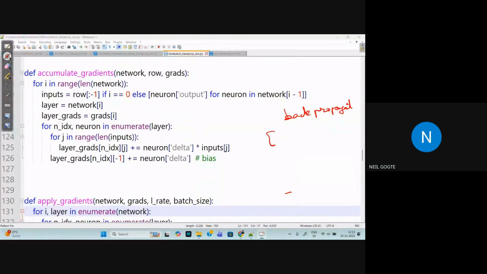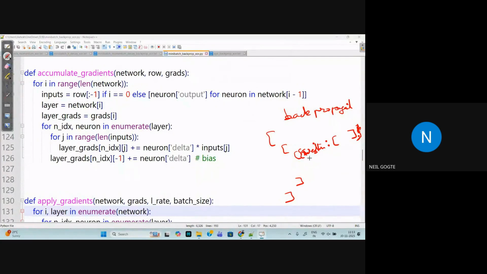For all the layers in the network, and for each neuron in that layer, remember each neuron has a weights key in its dictionary. Each neuron has a dictionary, and against the weights there is this whole series of weights. This is the first element of the dictionary.